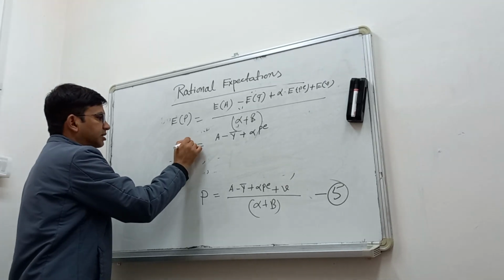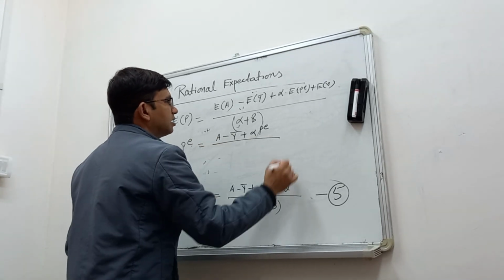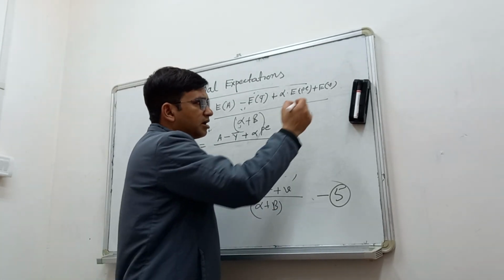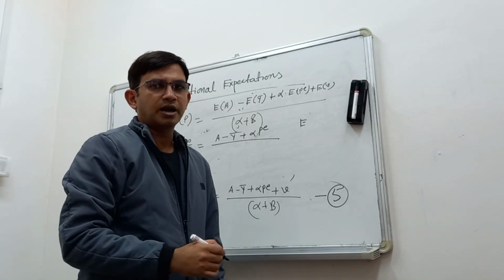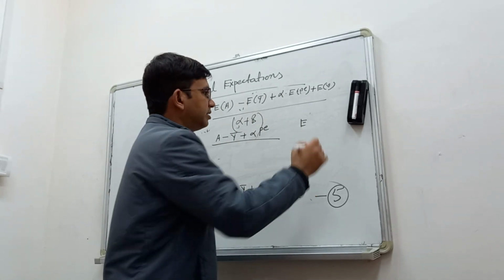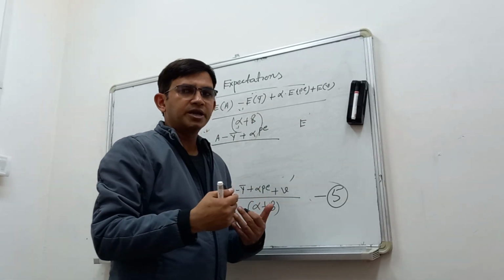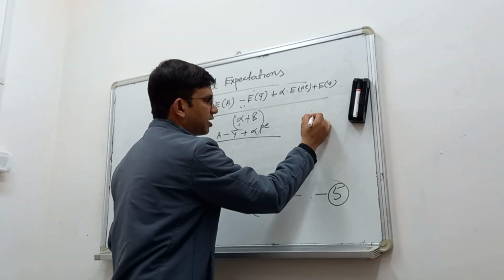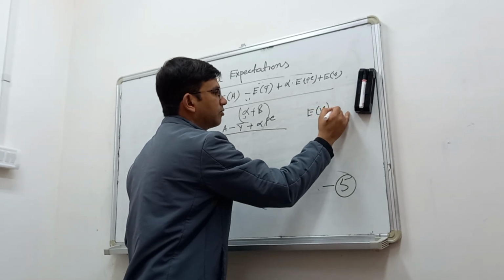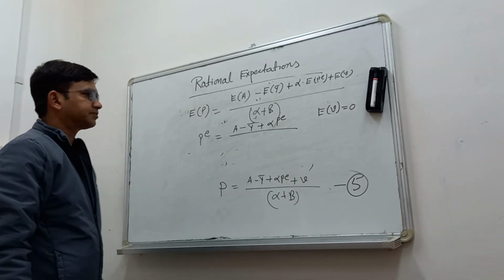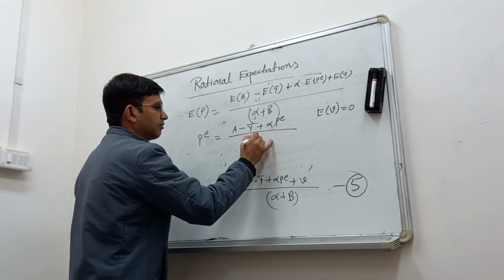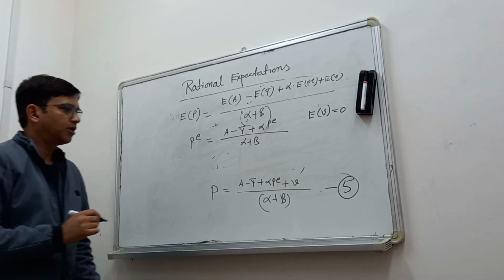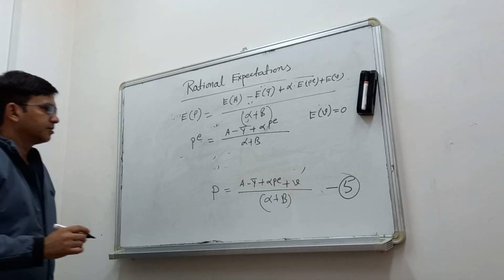So here on the right hand side Pe, and what is our property? We have already discussed first that v is a random variable and nobody can form any kind of expectation about the random variable. So the expected value of the random variable will be equal to 0. So finally, divided by alpha plus b. So from here we will take the value of Pe.